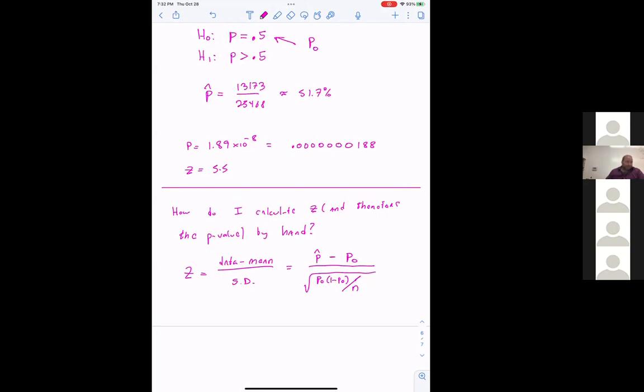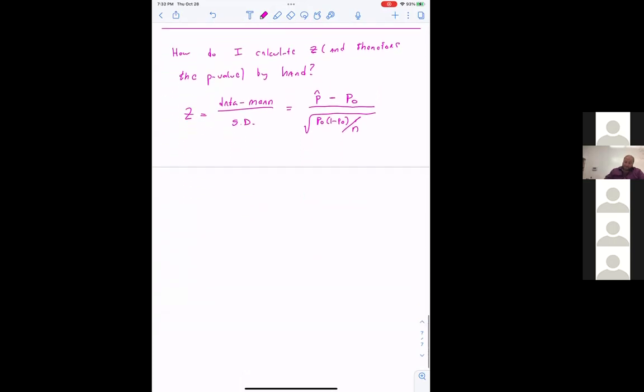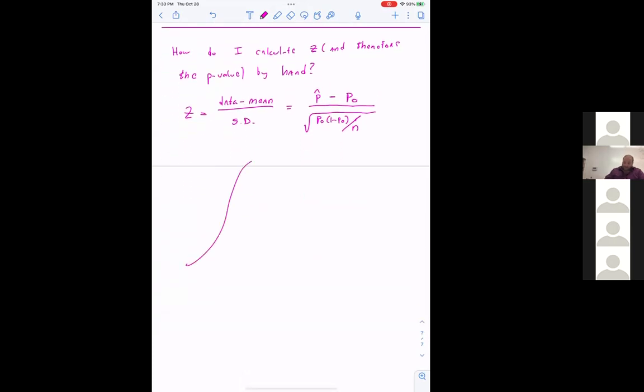From 5.5, how do I compute the p-value? You need to take out one of the charts, or have a calculator do it for me. Okay, where's 5.5 on here? Sorry, the center is 0. Where's 5.5?